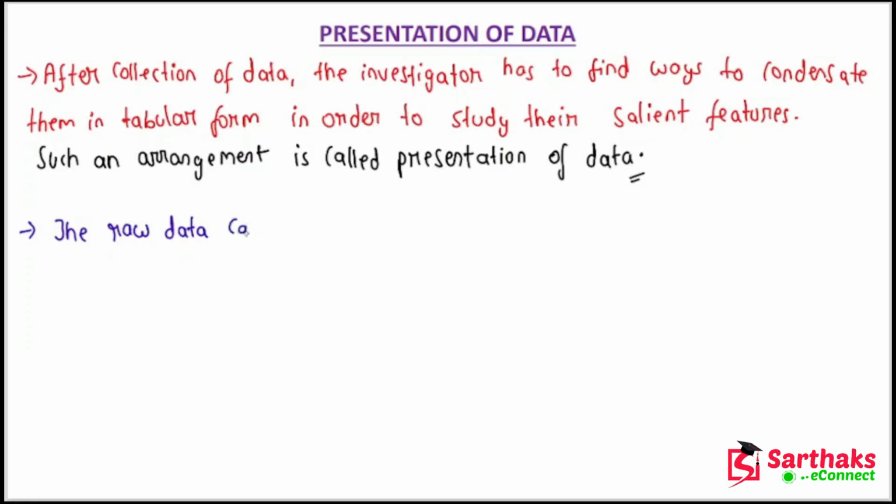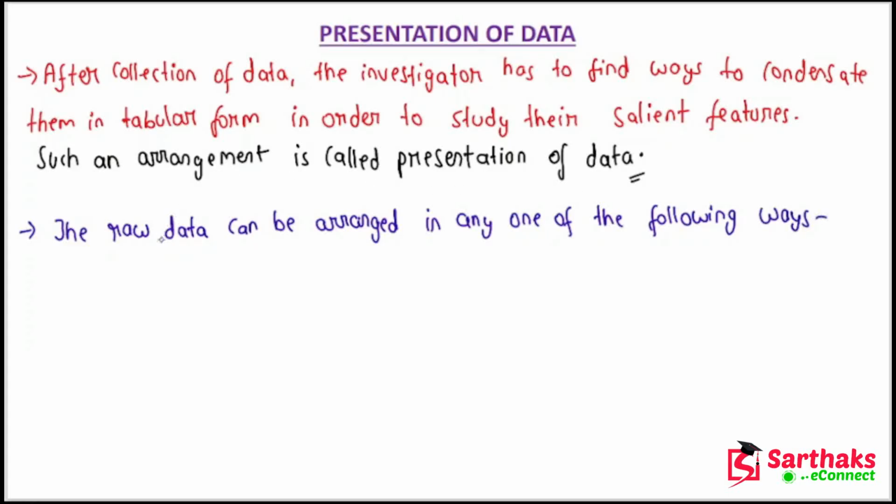The raw data can be arranged in any one of the following ways, right? So you can arrange the raw data, which we have stated in this particular statement, in the following ways. How? Very simple.